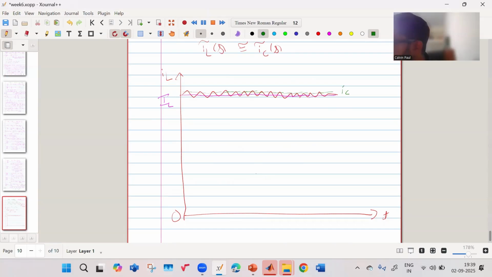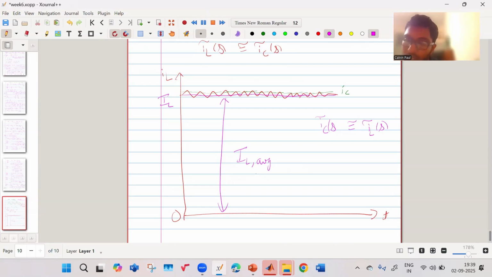When this ripple is very small and your IL average is very much more as compared to your current ripple, we can say your IC perturb of S is approximately equal to your inductor current perturbation. So this is what we must do when we are doing current mode control modeling.